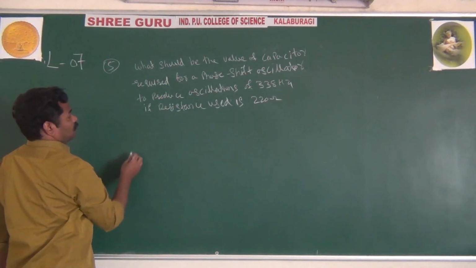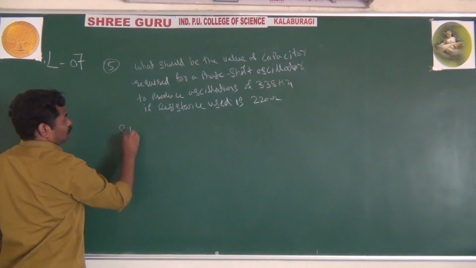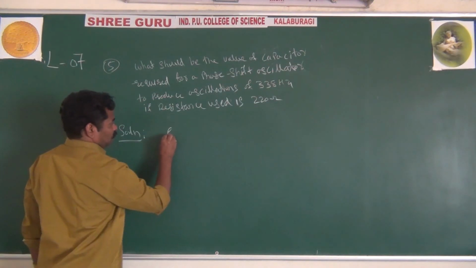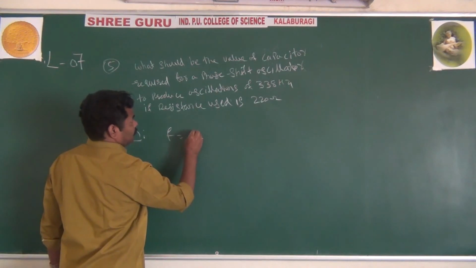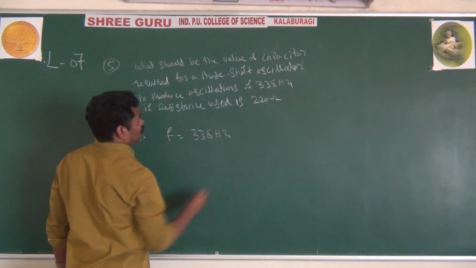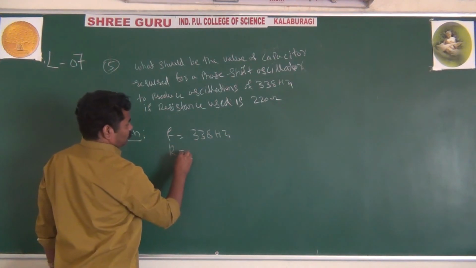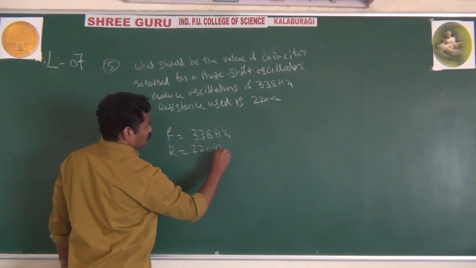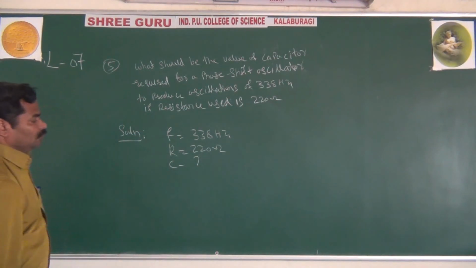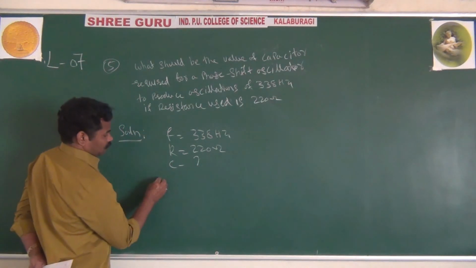What should be the value of capacitor? Solution. It means they are given the F value, that is 338 Hz. Also they are given the R value, 220 ohms, and you have to calculate the C value. Very simple. And you know the formula.